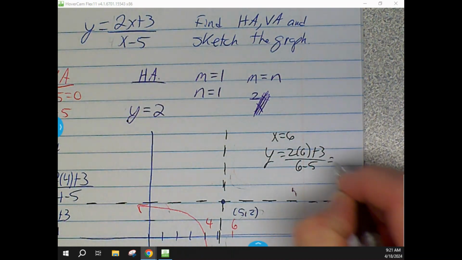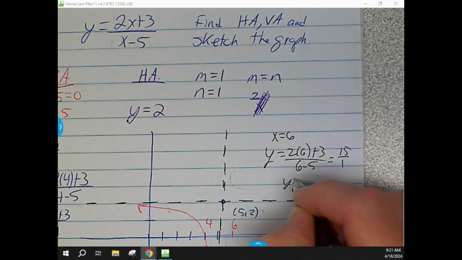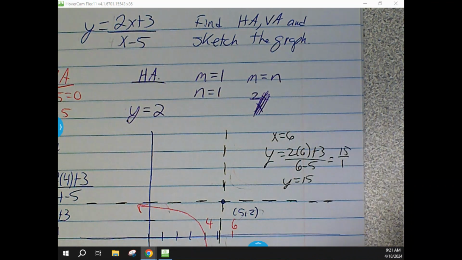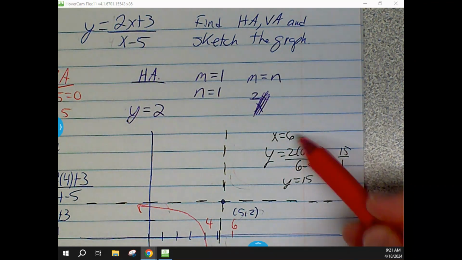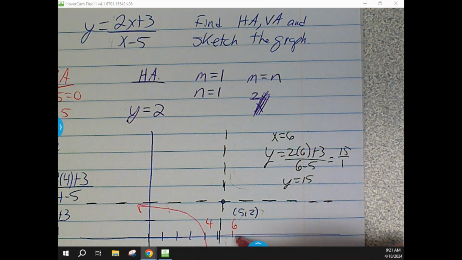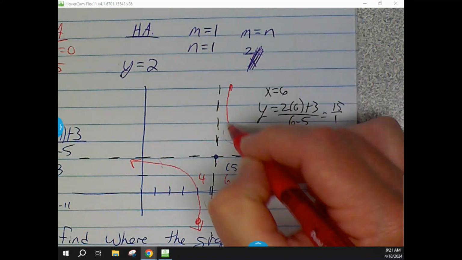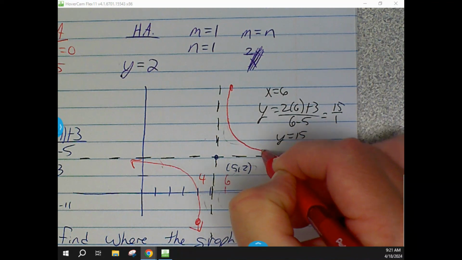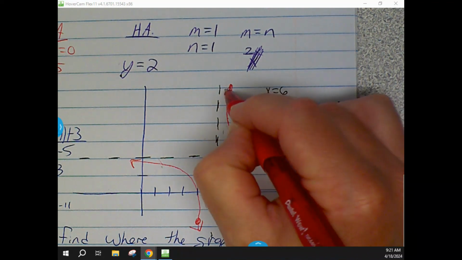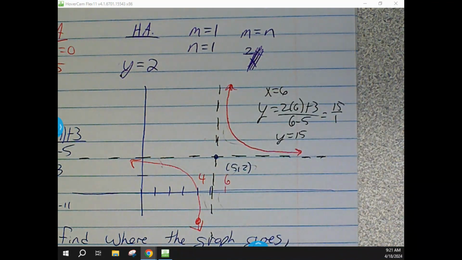That gives us 12 plus 3, that's 15 over 1. So that y value is just 15. So if we plug in 6, we get 15. So we're going to go to 6, 15, which puts us way up here somewhere. And again, that keeps us in this part of the fence. So when we get down here, we'll have something like that.